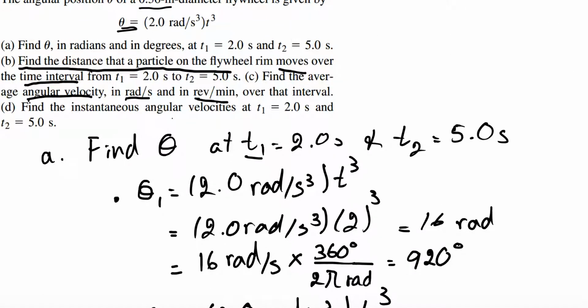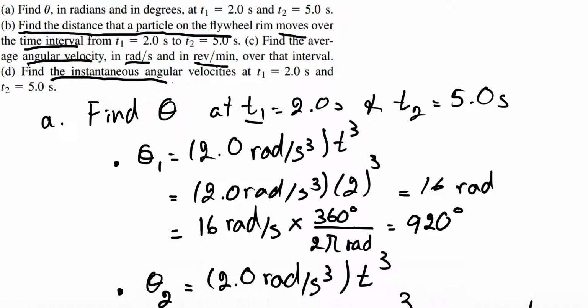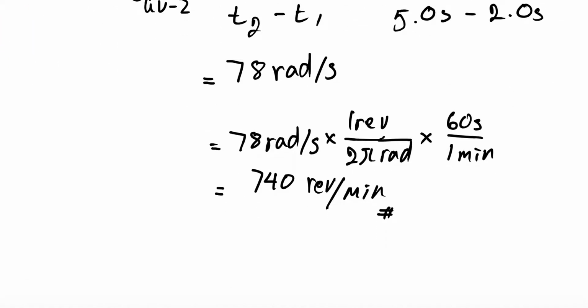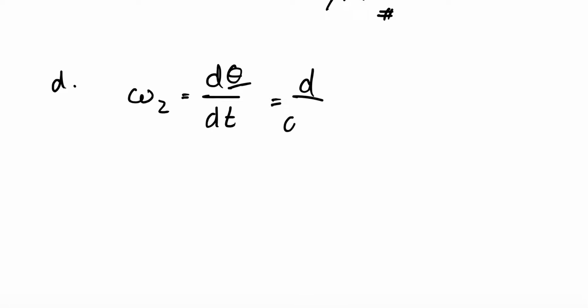So this is the last question that they're going to ask. Find the instantaneous angular velocity. For instantaneous angular velocity, we're going to use the formula again. For D, the formula is omega z equals d theta over dt. We're going to use calculus in this. We know the value of theta, so we substitute it in.